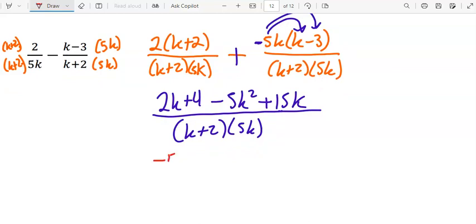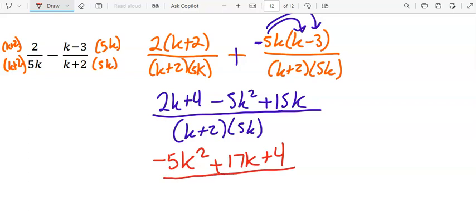We get negative 5k squared plus 17k plus 4 all over k plus 2 times 5k. From here, you want to see if it factors anymore. It doesn't in this case, so we're done.